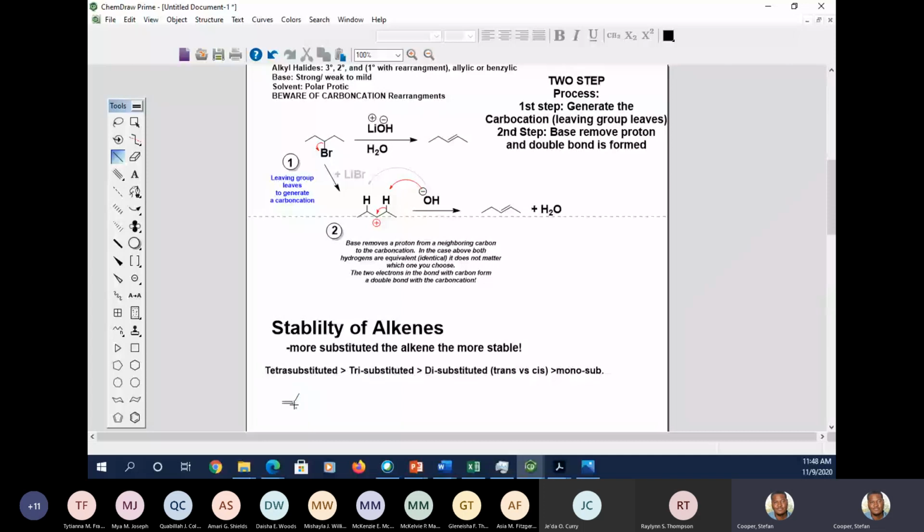Okay, so if I have a double bond and I have all carbons, and R just means carbons here, I have 4 carbons on my double bond. This is known as a tetra substituted alkene.